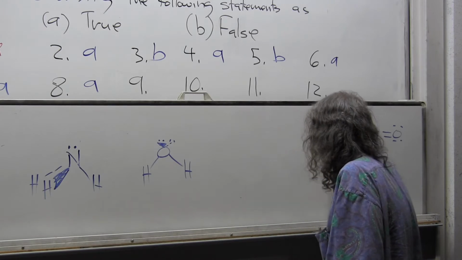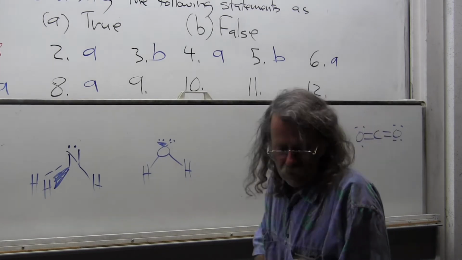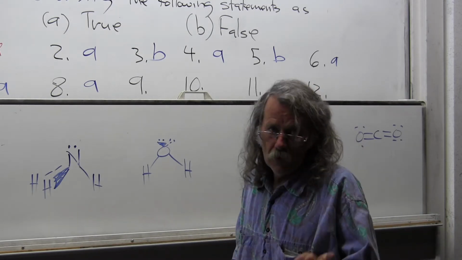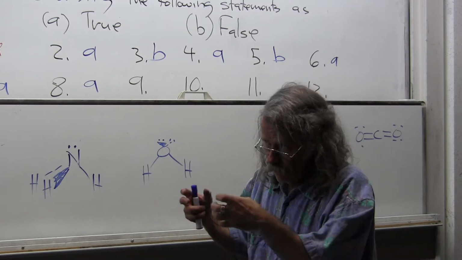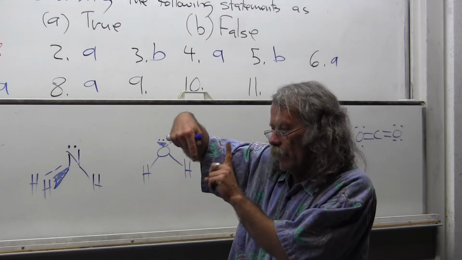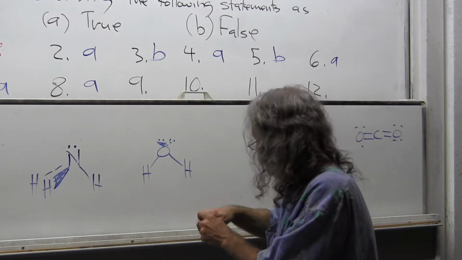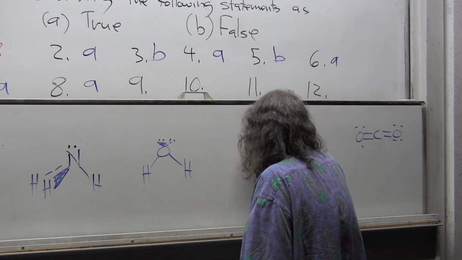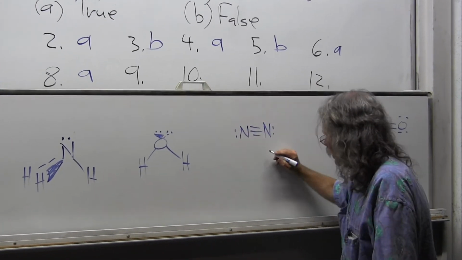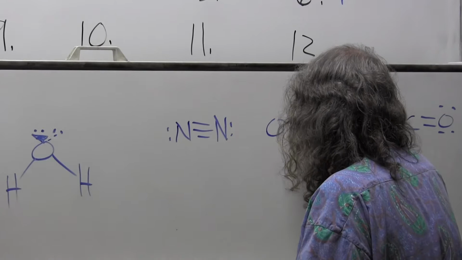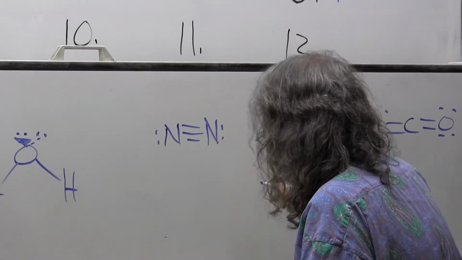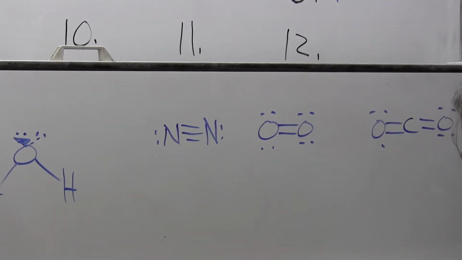But what it doesn't reveal is, by the very nature of the hybridization and the way the bonds are put together, all the bonds are formed between pairing of electrons from different atoms. And so I get molecules like nitrogen, which successfully is predicted to have a triple bond, and oxygen, which successfully is predicted to have a double bond.